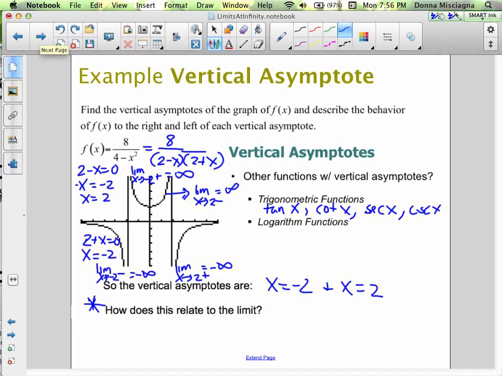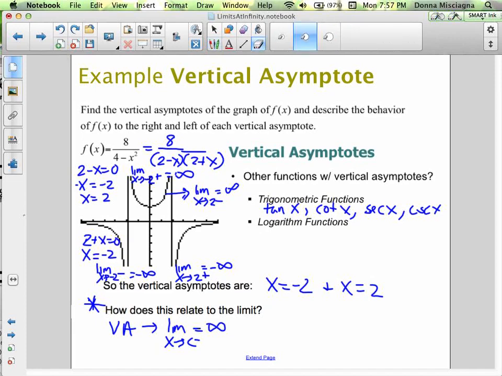You can put this part in your notes, and the other parts too. We know we're going to have a vertical asymptote when the limit as x approaches a constant from the left-hand side is approaching infinity or negative infinity.